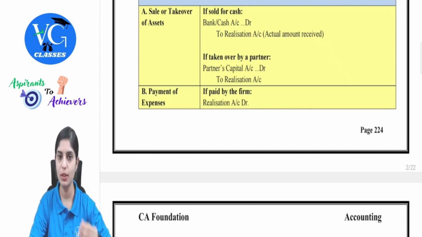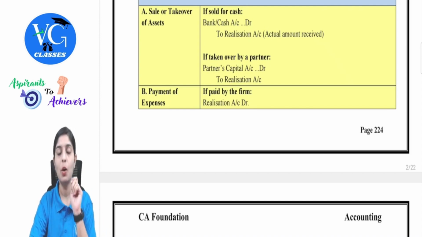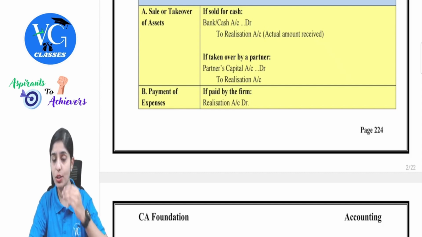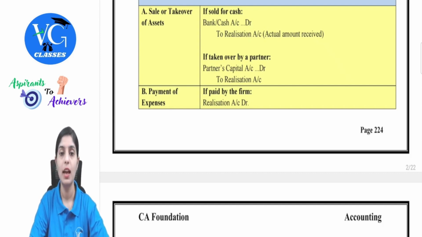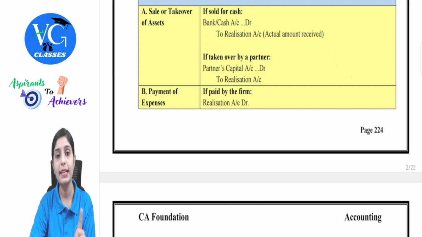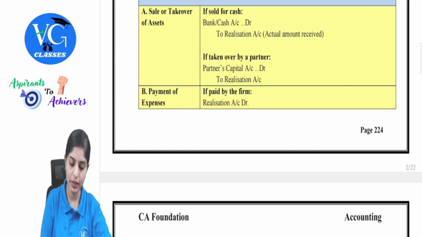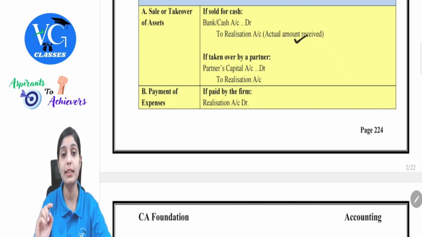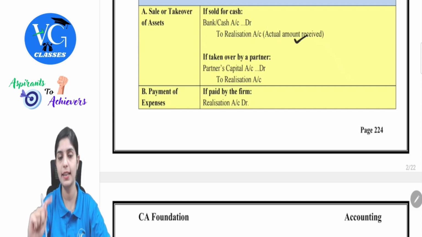We will receive money, so bank or cash account debit to asset account, correct? Earlier I was crediting the asset because it was going out of the business. Now, understand one thing. I have transferred the asset to a separate account called realization. Now the asset is represented in the realization account. So the entry for this will be bank or cash account debit to realization account. I hope you are understanding the structure. So, this is the case when it is sold for cash.